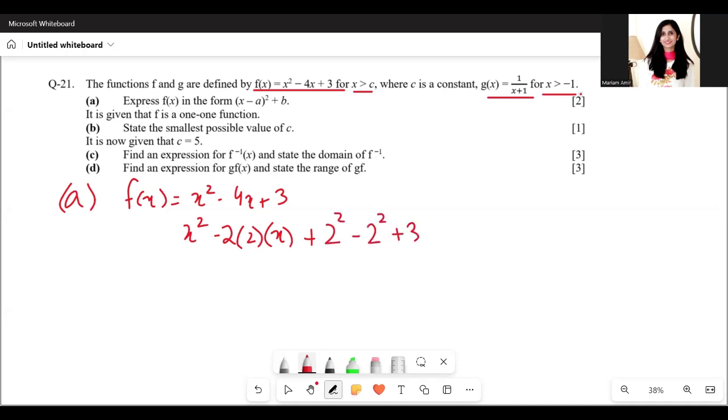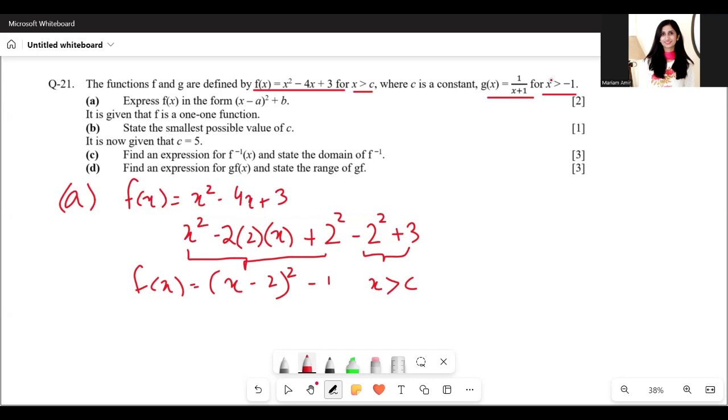And there's also a plus 3 from the question. These three combined give us (a − b) whole squared, and these two combined give us −1. So we have (x − 2)² − 1 as f(x). And I'm writing its domain next to it because it might come in handy in the next part.